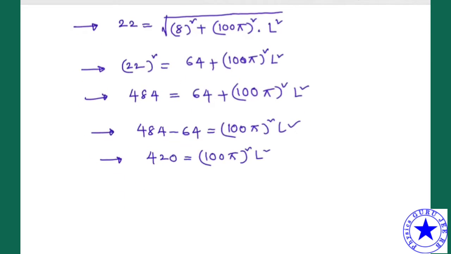Or I can write L square equals 420 divided by 100 pi whole square.